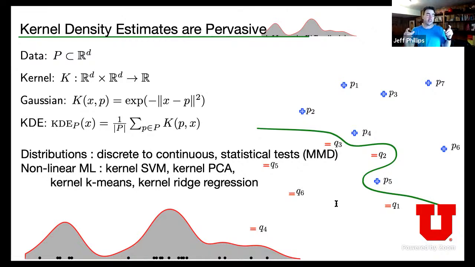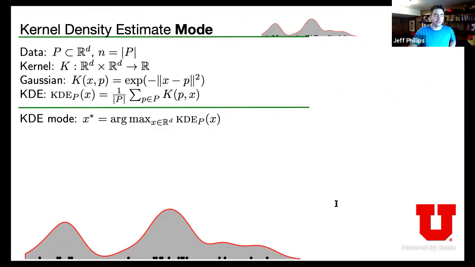Basically, you replace the Euclidean inner product with the kernel, often the Gaussian kernel, and you get these nonlinear methods in data analysis. Those objects are really looking at the kernel density estimate, so this is a really fundamental object to study.